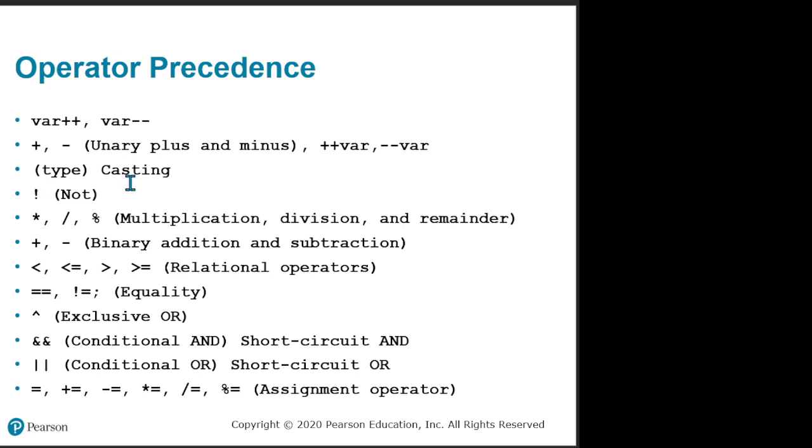Then any type of casting, followed by any type of negation. Our arithmetic operators fall here, and then the relational operators. Now notice the less than or equal to have higher precedence than the equality operators. Then any conditional statements, exclusive or and conditional or. And then assignments.